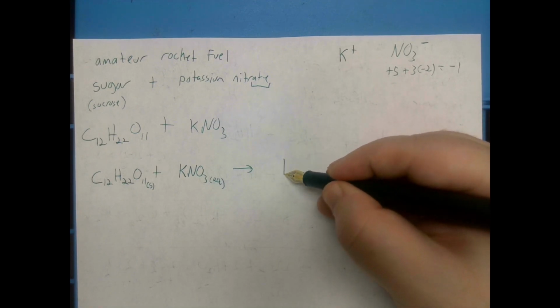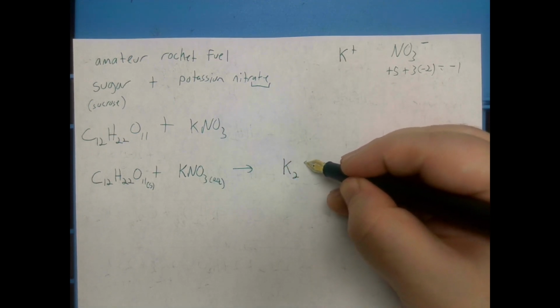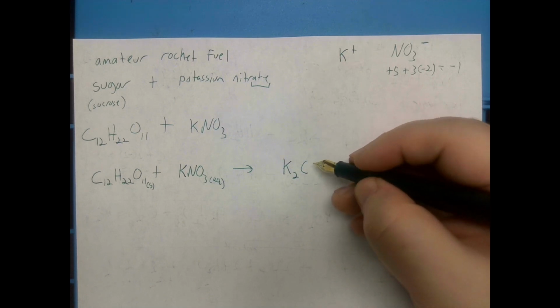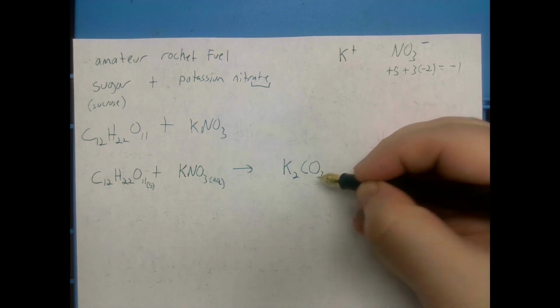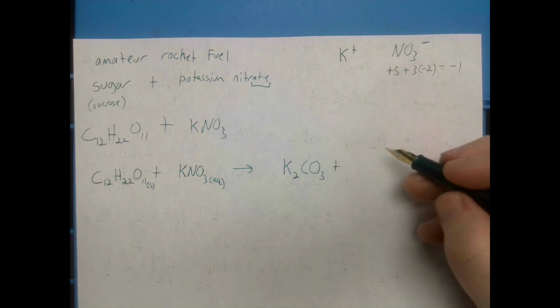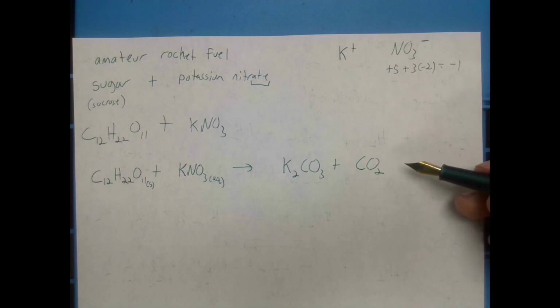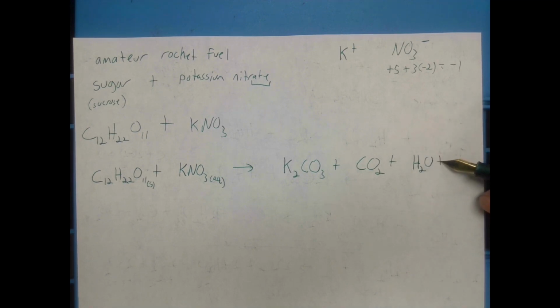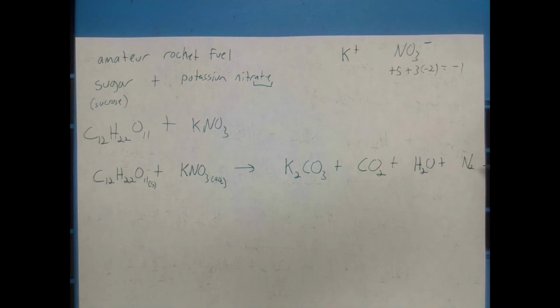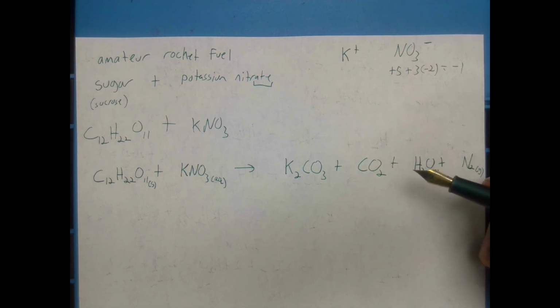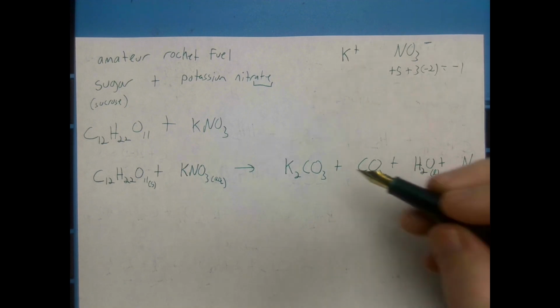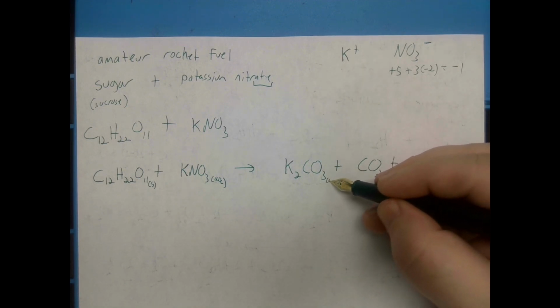It produces potassium carbonate, CO2, water, and nitrogen. Nitrogen is a gas. Water is going to be a liquid. CO2 is a gas. This is aqueous.